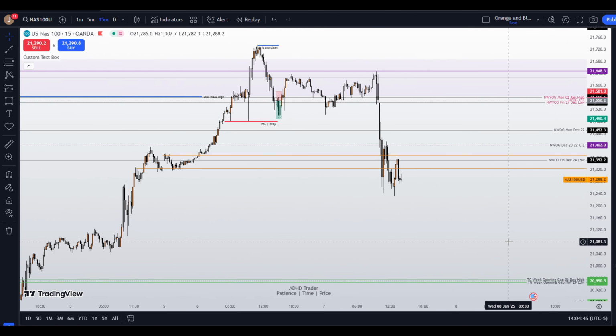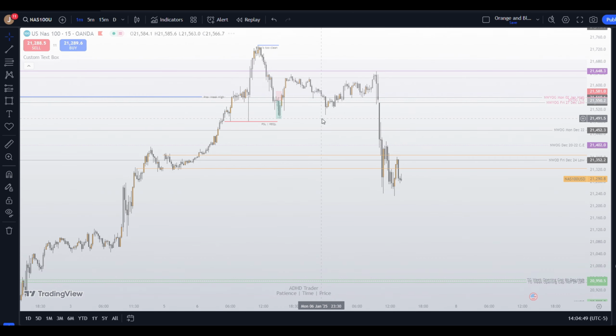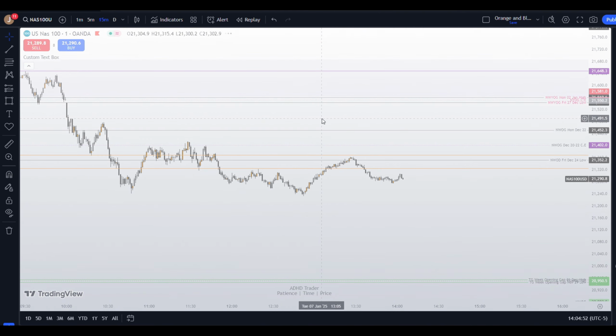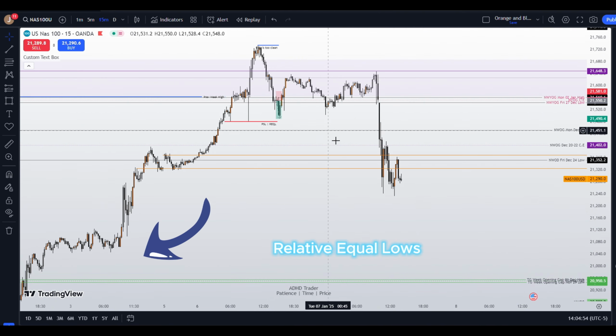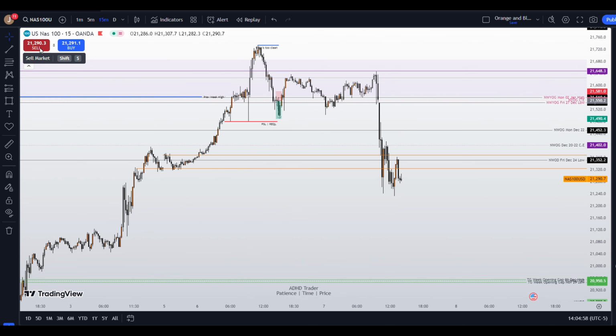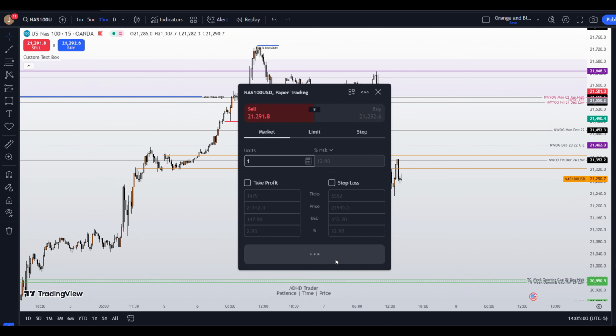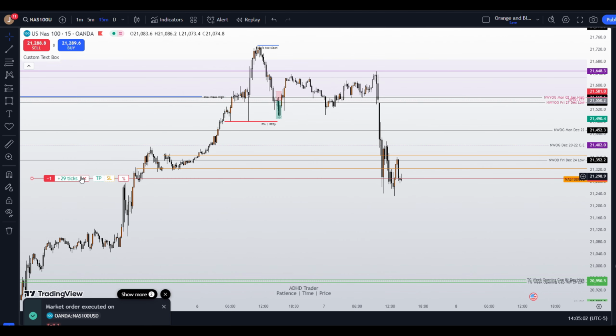Seems pretty okay. If you guys notice, there's sell-side liquidity at the relative equal lows, somewhere down at 2104, if I'm not mistaken. That's kind of what I was aiming for. It seemed to be quite a clean trade.